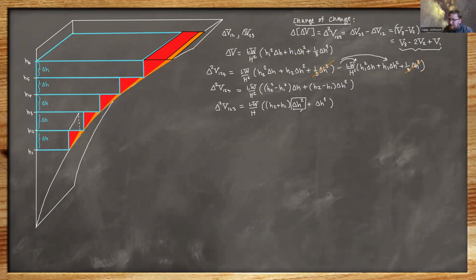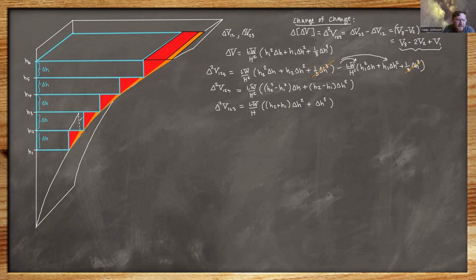Now, what's really interesting, though, is that notice over here, we have some terms that are order H squared, and we have some terms that are order H cubed. The delta H cubed terms, as we shrink the interval, are going to disappear quicker than the delta H squared terms.